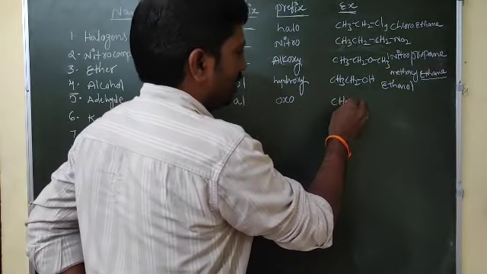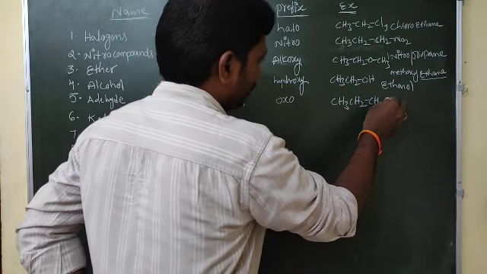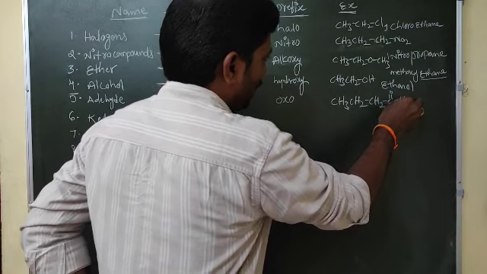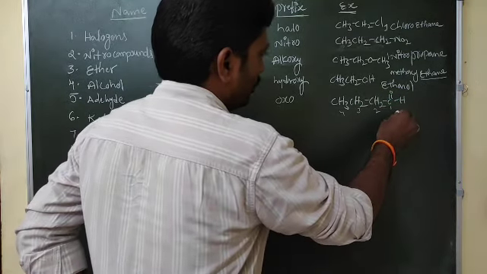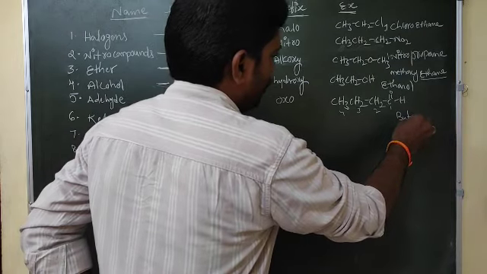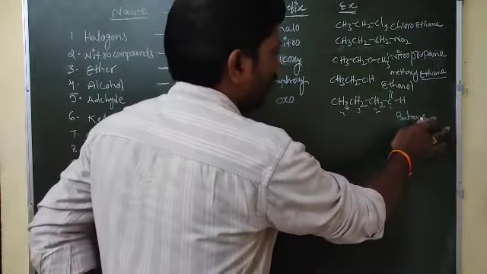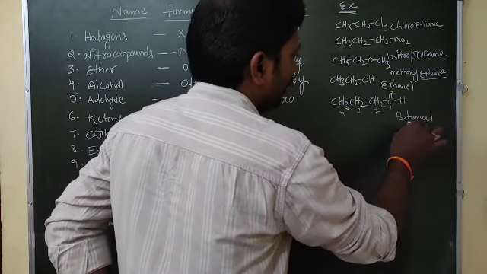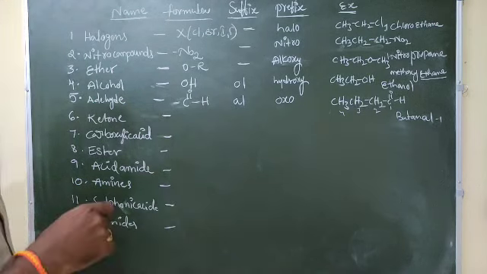Example, CH3 CH2 CH2 C double bond O H. So 1, 2, 3, 4 carbons, so butane. 4 carbons means butane. This is AL, so butanal. 1-butanal, that is aldehyde.